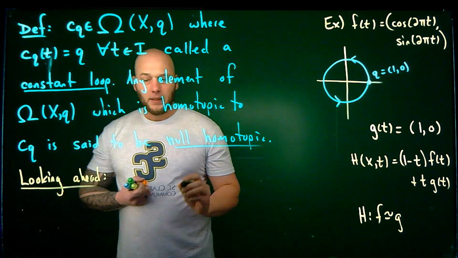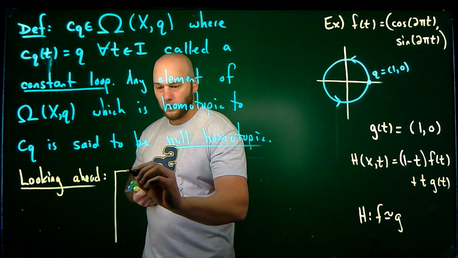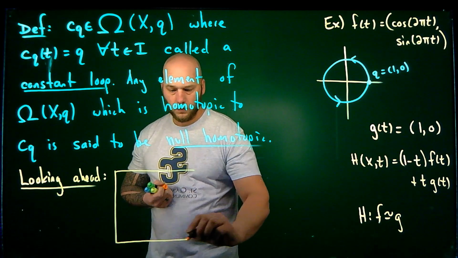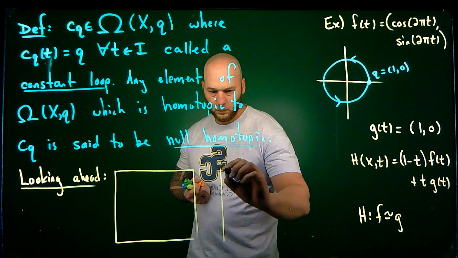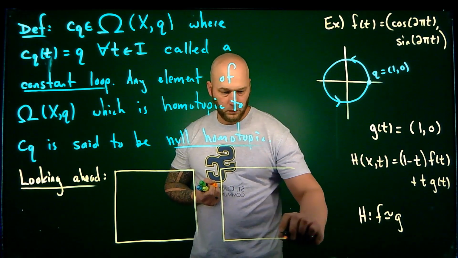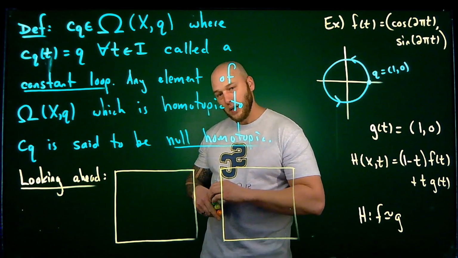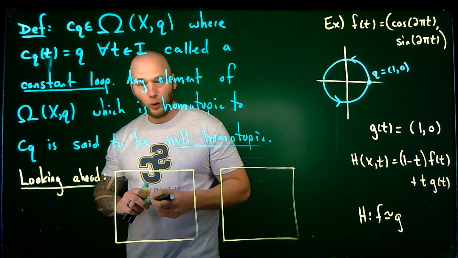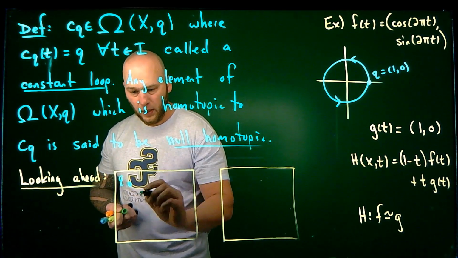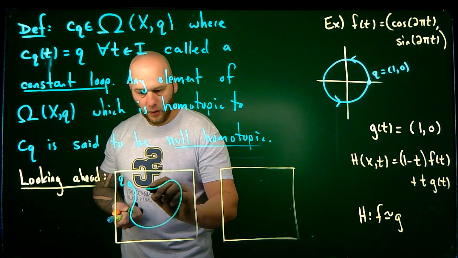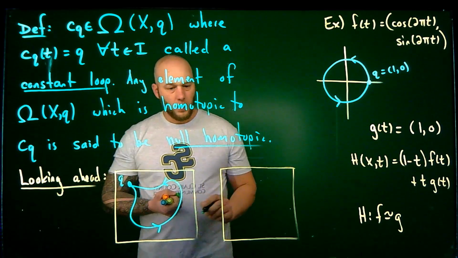Let's consider two different topological spaces. Within those topological spaces, let's say that I have a loop based at the point Q. Let's say this is the point Q, and I've got this loop here. Same thing over here.